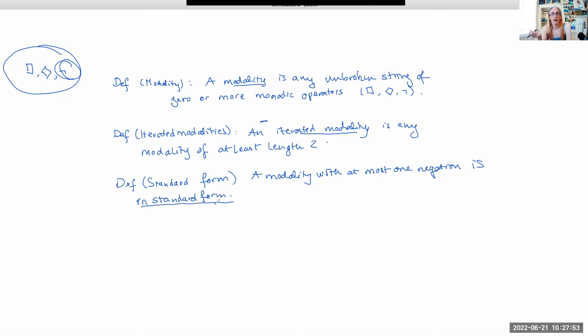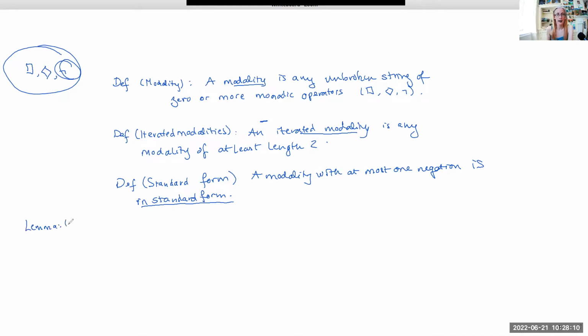Now, because of the double negation rule from propositional logic, this means that every modality can be reduced to a modality in standard form, something that it is equivalent to. So we can give you this as a lemma.